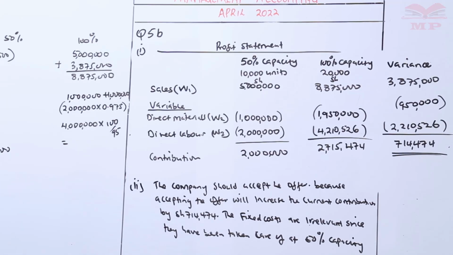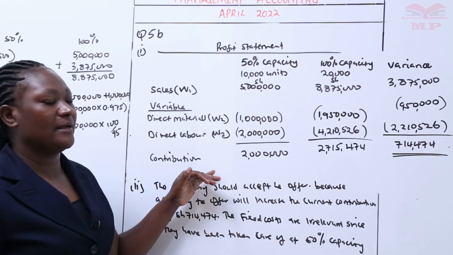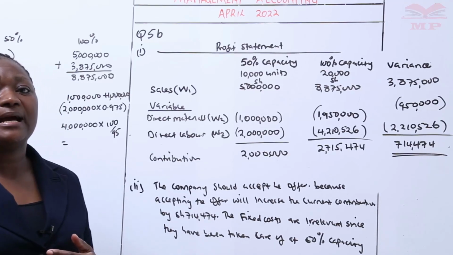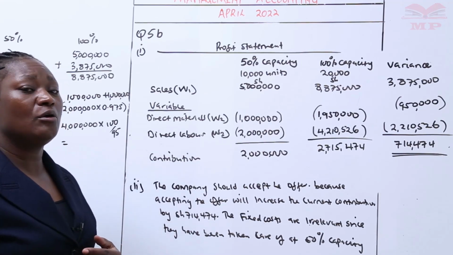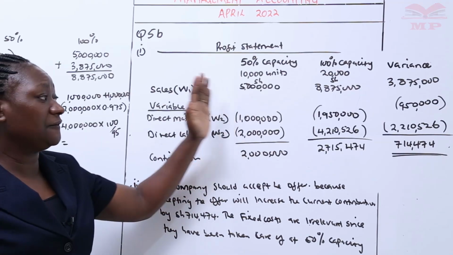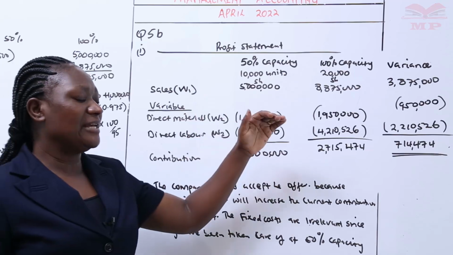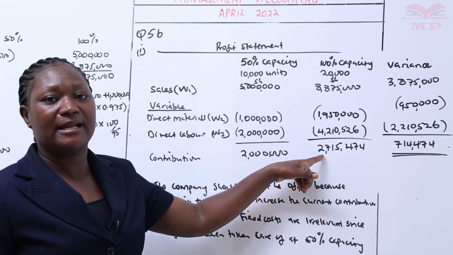So just to make a summary, whenever we are given a question on acceptance or rejection of an offer, we are looking at what is the current capacity of the firm. So always show the position of the firm at the current position, in this case 50%, and what the new position is. It will move the firm to 100%.